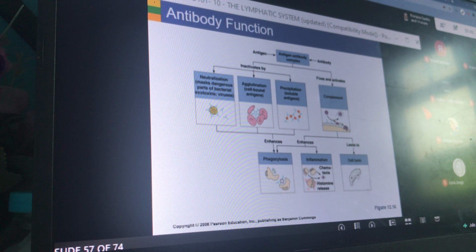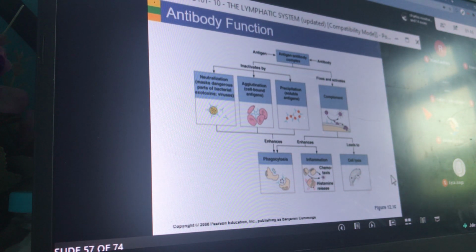However, class, if you have an autoimmune disease, you will produce antibodies against your own antigens, okay? Pag may autoimmune disease ka, class, magpo-produce ka ng antibodies sa sarili mong antigens, okay?